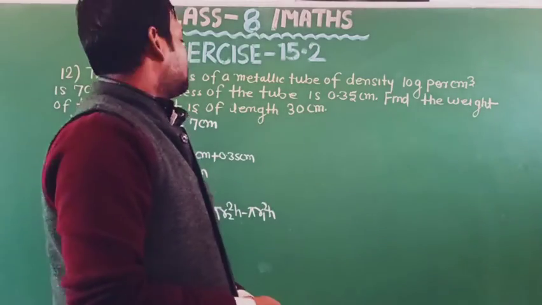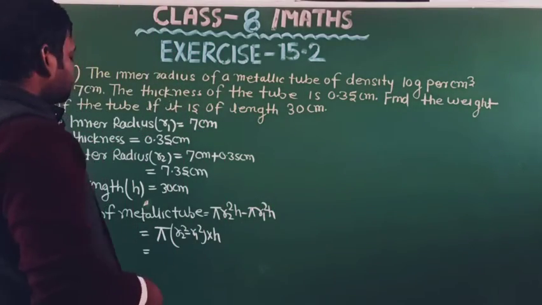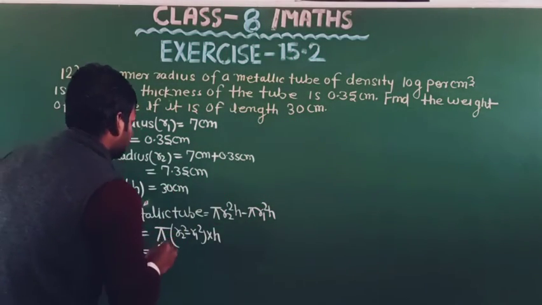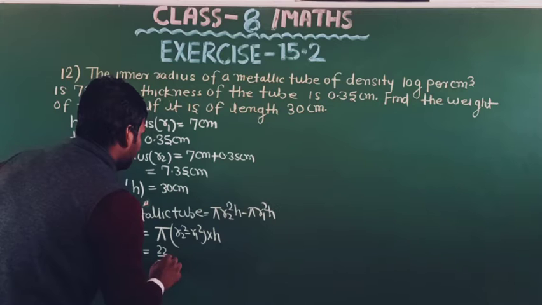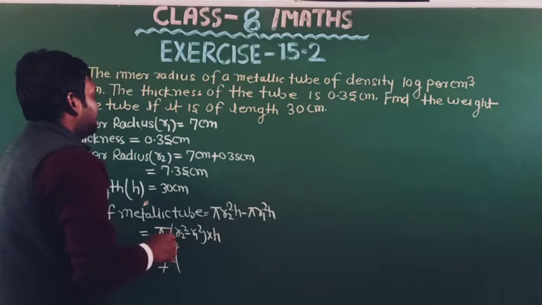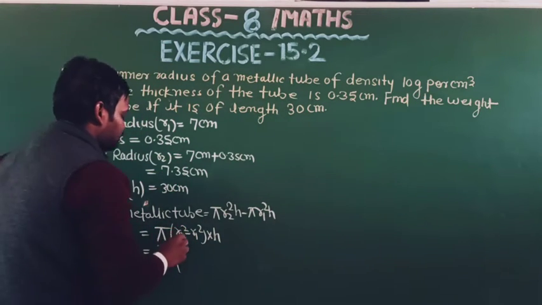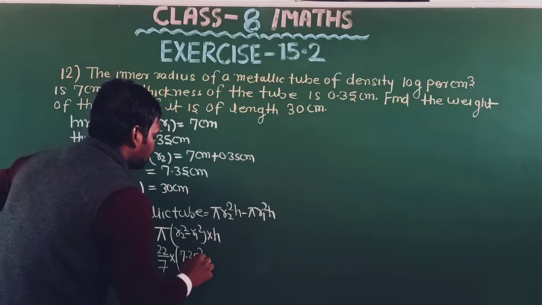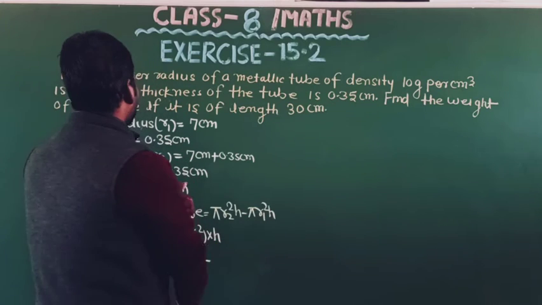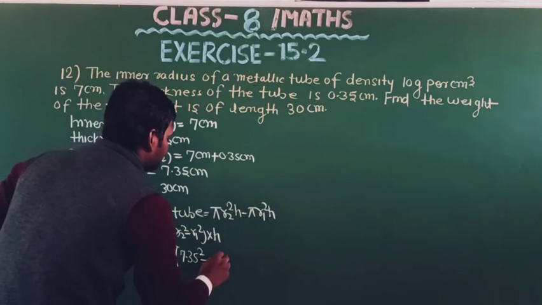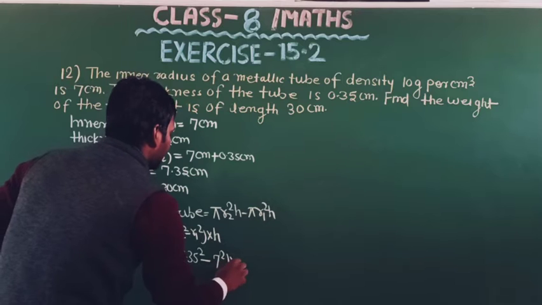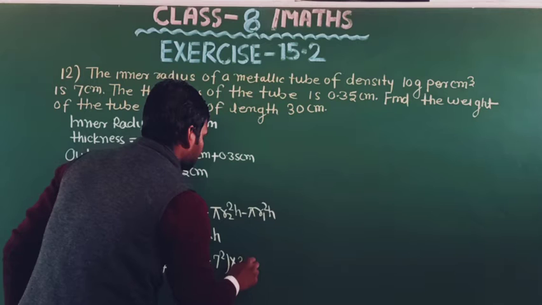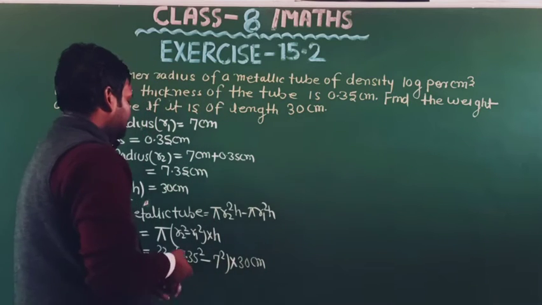Now substituting the values of pi, R1, R2 and h. The value of pi is 22/7, and radius R2 is 7.35, whole square, minus R1 is 7, whole square, into h, which is 30 centimeter.